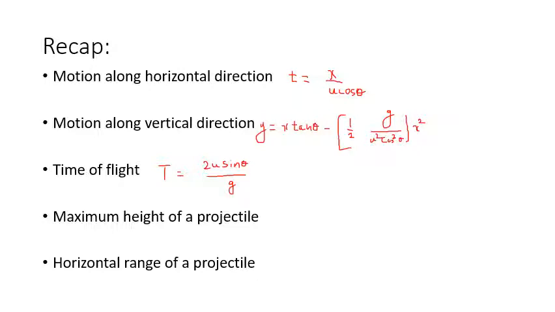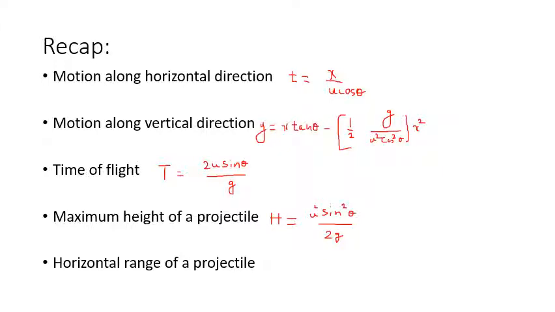The next part is the maximum height of the projectile, that is capital H. So what is capital H? u squared sine squared theta divided by 2g. Okay, u squared sine squared theta divided by 2g.